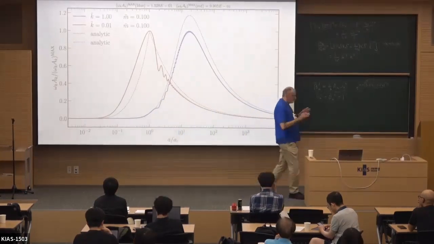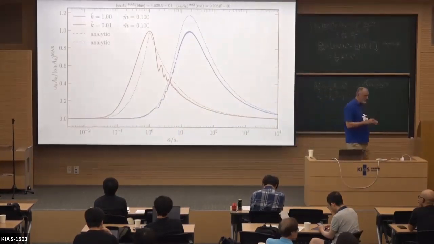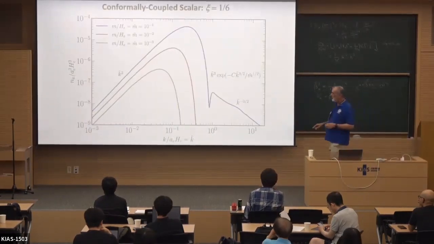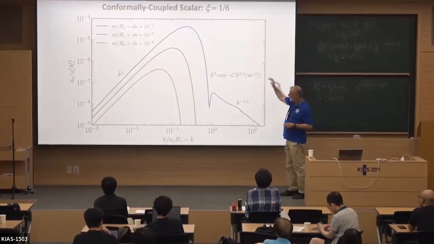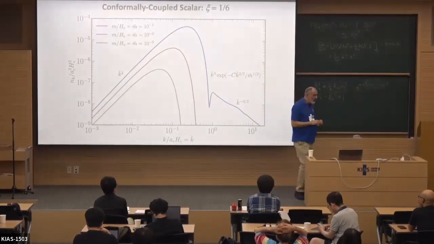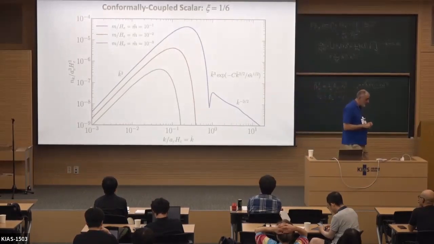So this approximation of trying to understand the behavior here of n sub k, we're not going to be able to employ this for m over k larger than 1.